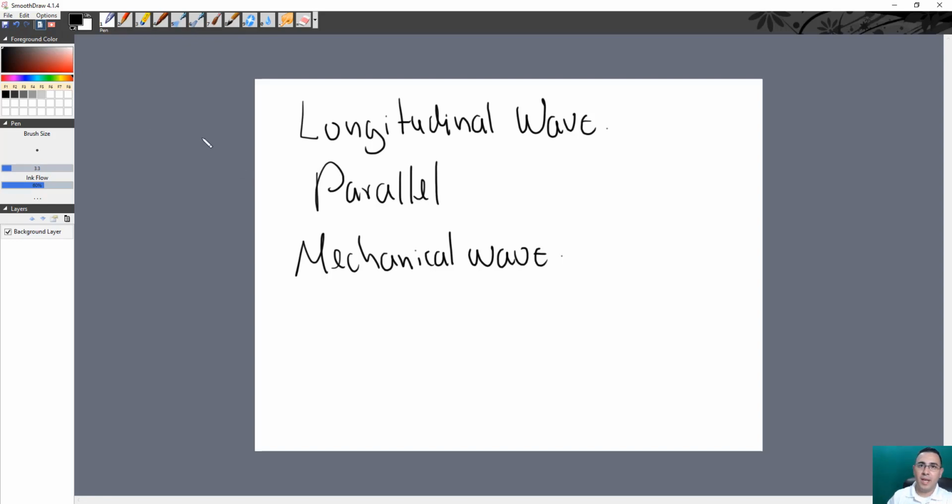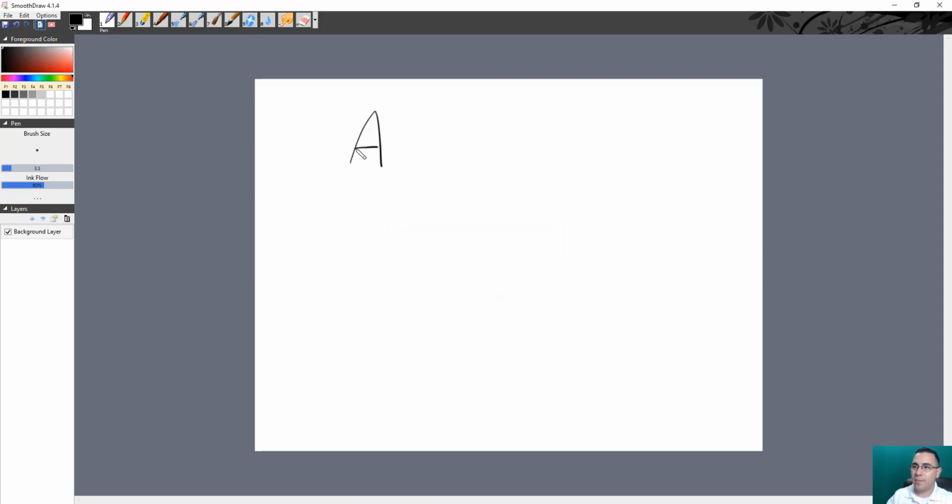Then we're going to move to the next topic, which is basically the acoustic variables. We have three of them. Number one, we have the pressure.